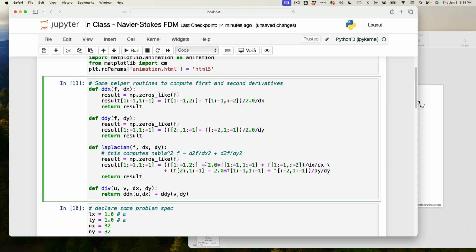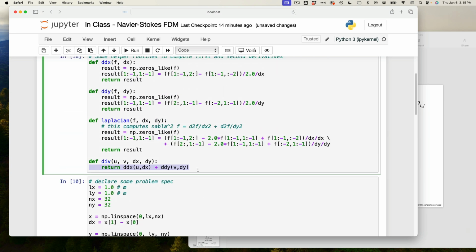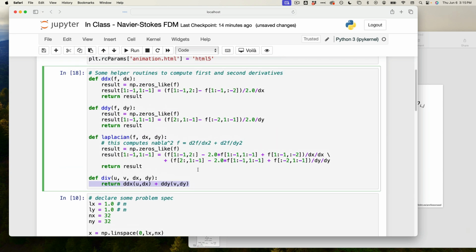Okay, great. So let's run this cell. You need a minute here. Divergence of a vector field. Okay, so let's call the vector field components A and B, right?